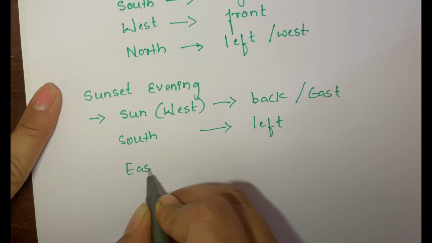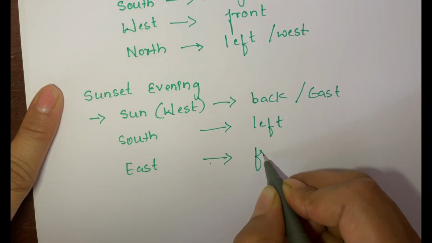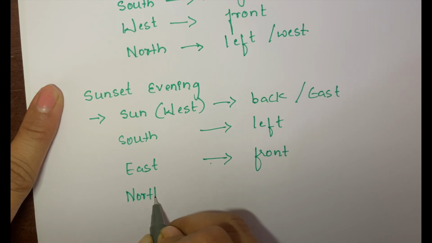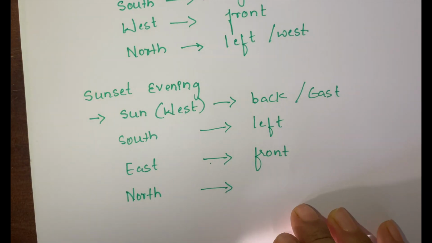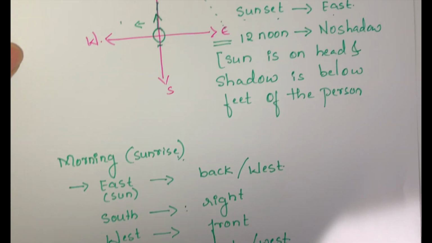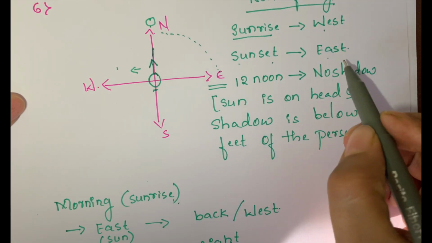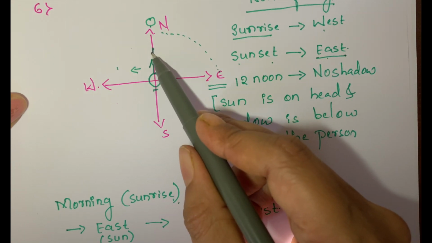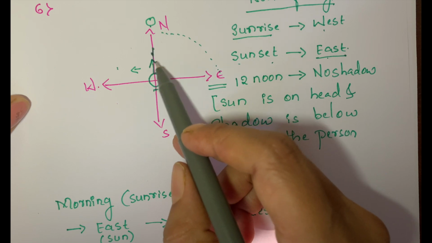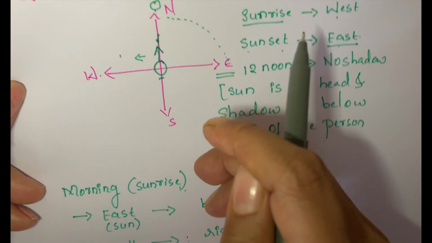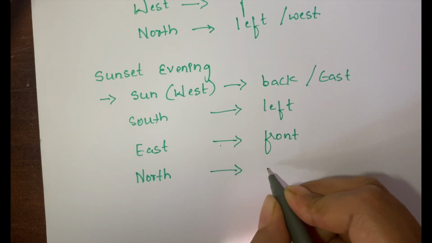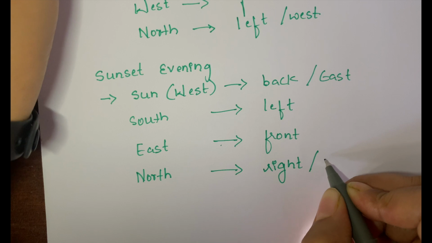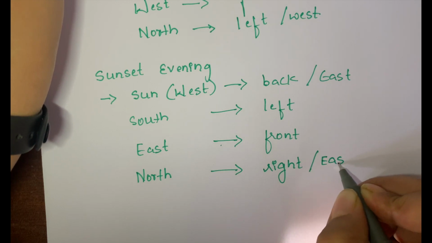Similarly, if a person is facing east, the shadow will be at the front. If a person is facing north at sunset, the shadow will be in the east. East is the right side, so we can write it as right, or also as east.